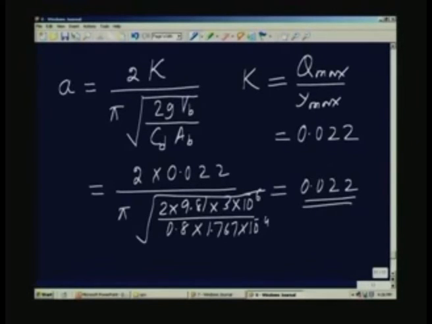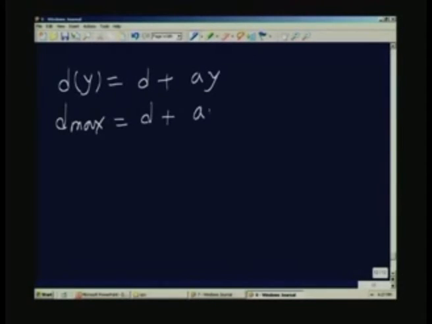Okay? And in fact, the taper parameter, if you remember, d at any y value is equal to d plus a times y. So, we can say d max is equal to d plus a times y max, and all I have to do is to substitute.